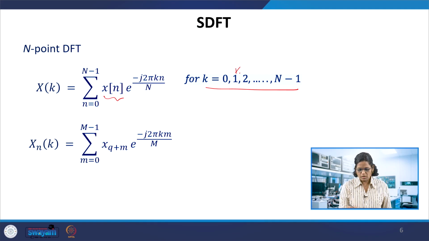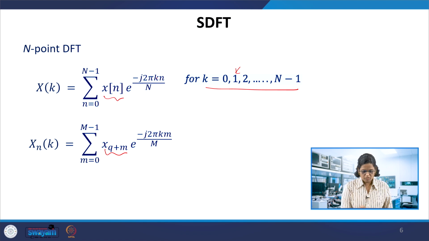We are interested in only one of 0, 1, 2, 3, or multiple ones, in which case multiple SDFTs need to be taken. So X_n(k), for the nth instant, can be written as the summation of x of q plus m, where m varies from 0 to M minus 1. We are just trying to get the recursive equation of this sliding DFT.